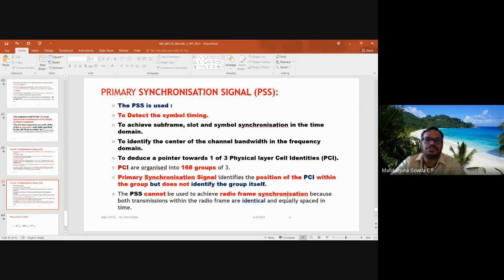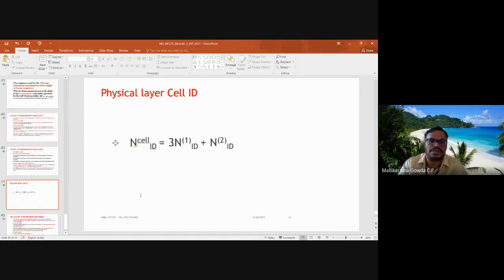Radio frame synchronization is done by using SSS, that is the secondary synchronization signal. Why I am saying PSS is not used for radio frame synchronization is that both transmissions within the radio frame are identical and equally spaced in time with respect to this PSS. I think I already said this formula.